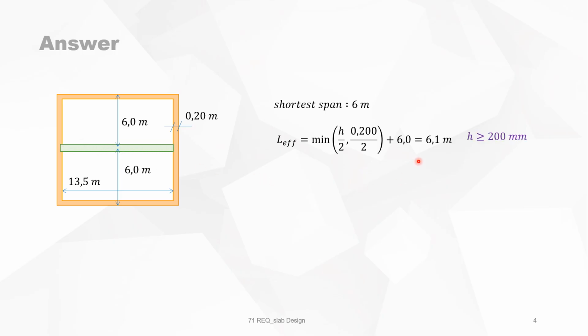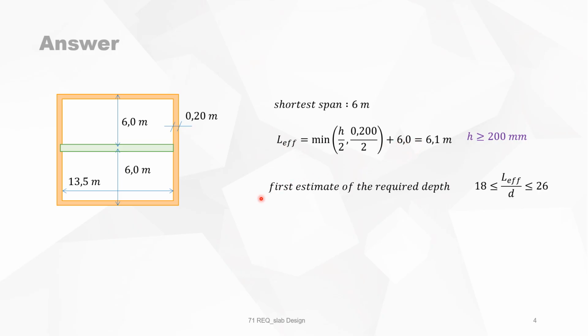So we have 6.1 meters, but this is assuming that h must be bigger than 200 millimeters, which is expected in fact, but we have to check this. So when h is bigger than 200 millimeters, then the effective span is 6.1 meters.